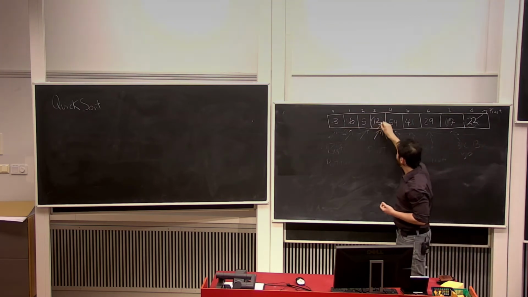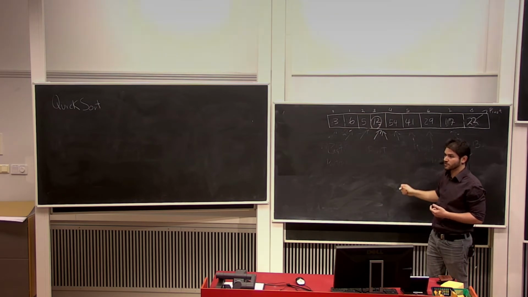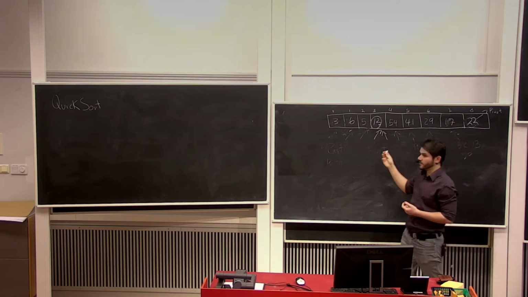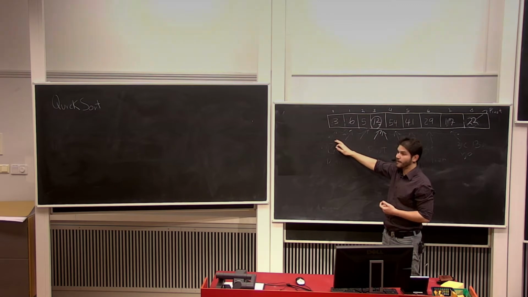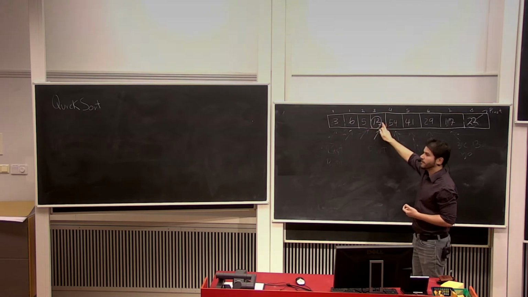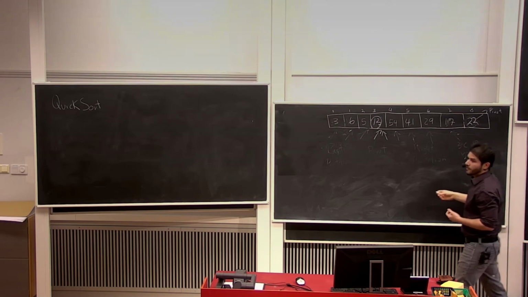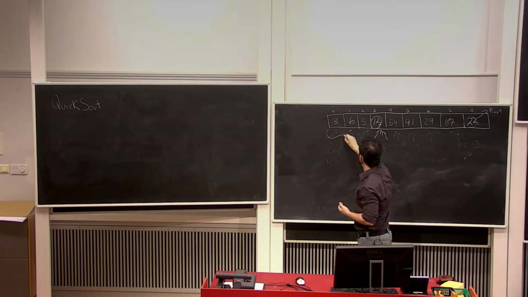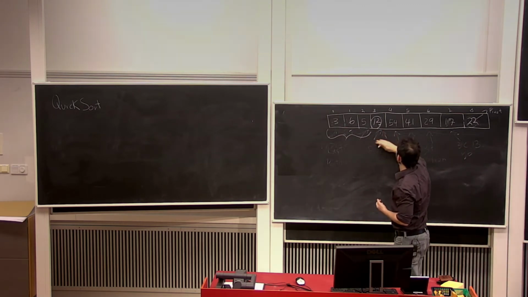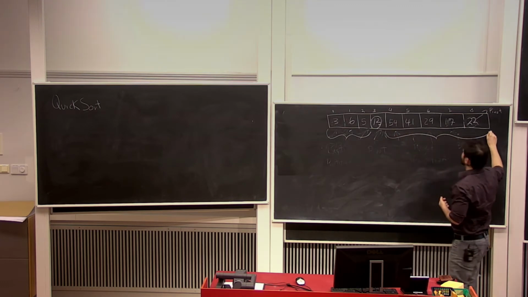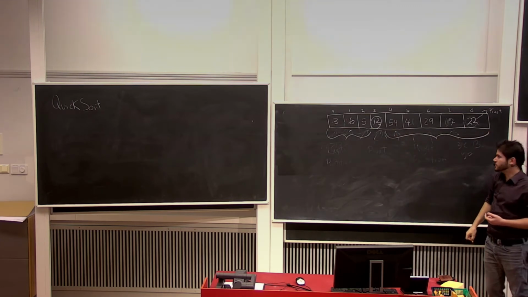So now 13 is in a correct position. Why? Because all the elements to the left are lower than 13, and all the elements to the right are greater than 13. And what we are going to do is that we will make a partition.